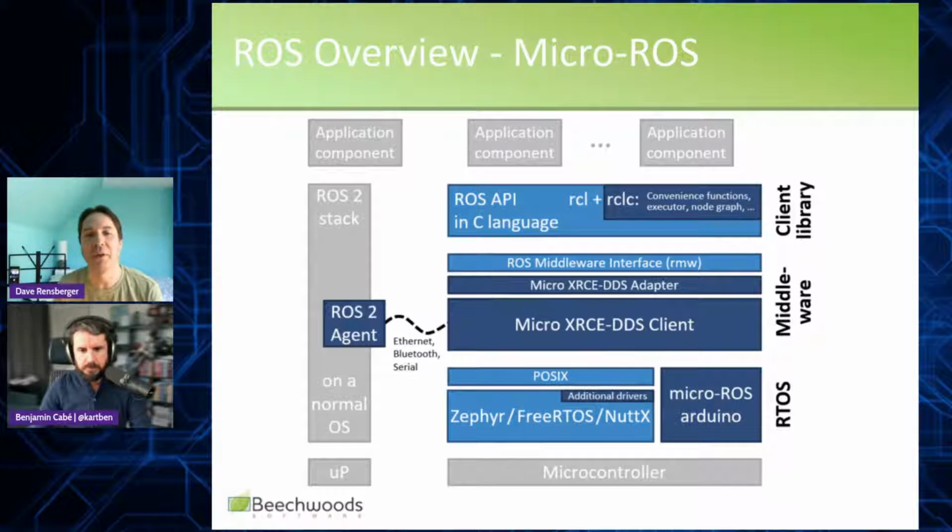This is showing just one small part of it, but it shows you where the DDS client lives, and the adapter, and your middleware, and the API, and then your application components up here. Probably most of what you'd expect to see from a stack like this.